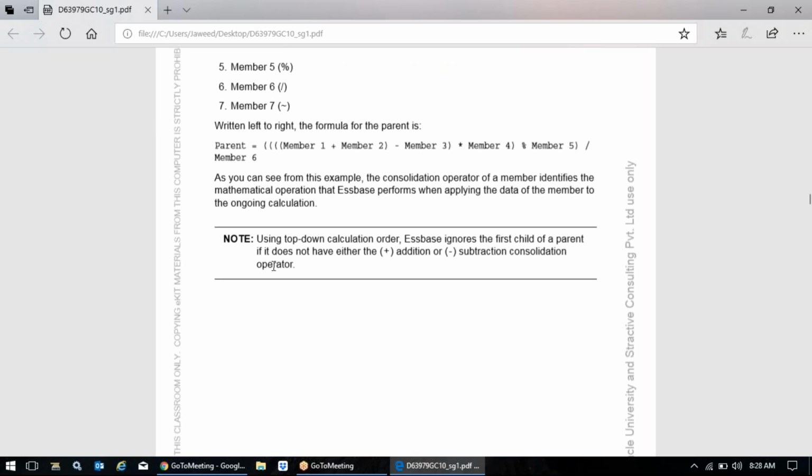There is something here. Note: using the top-down calculation order, Essbase ignores the first child of a parent if it does not have either the plus operator or the minus operator.